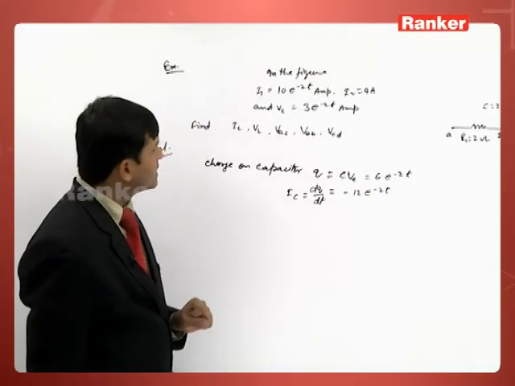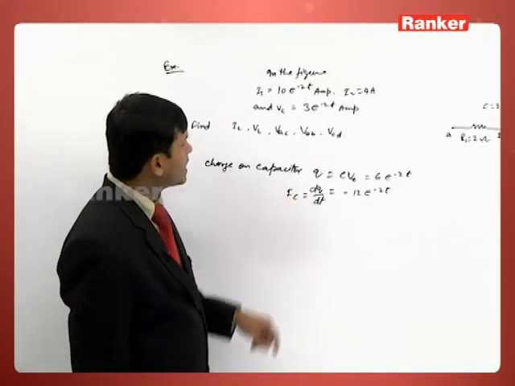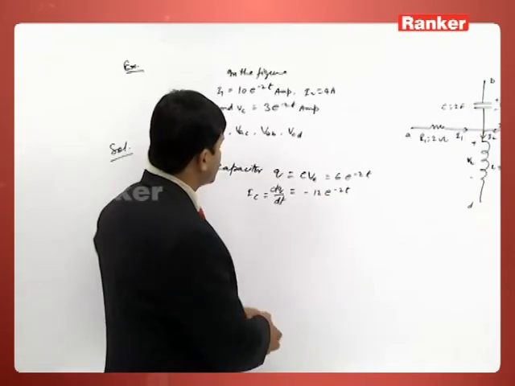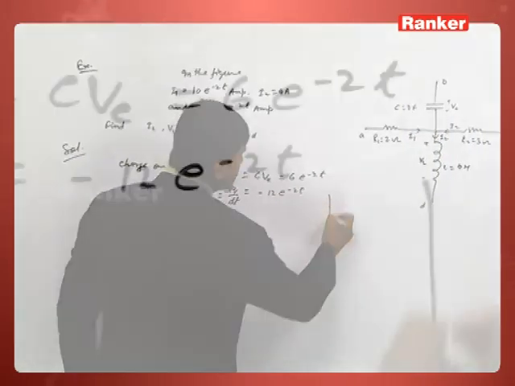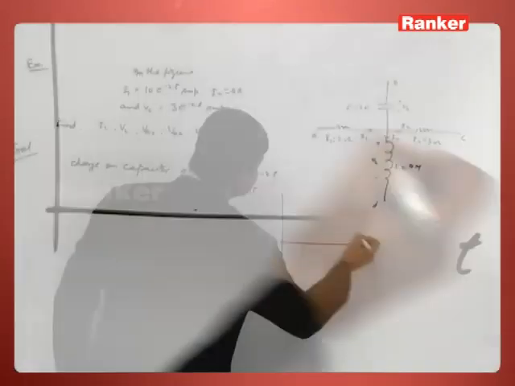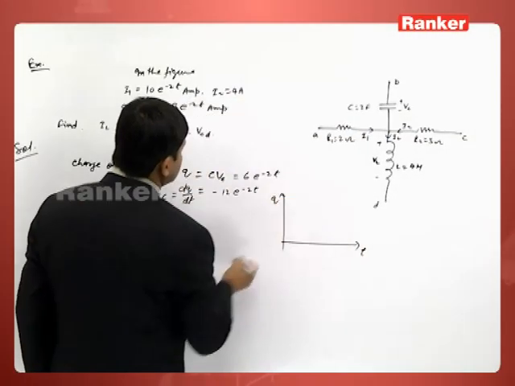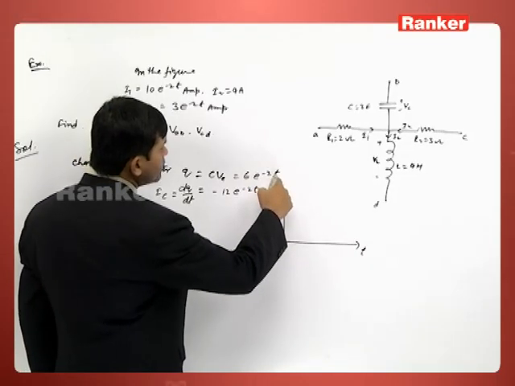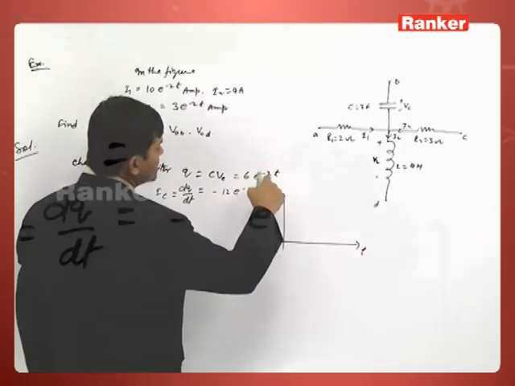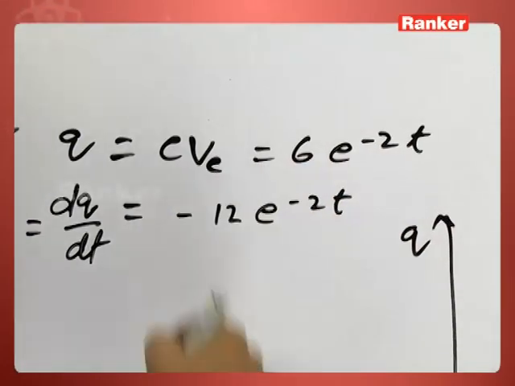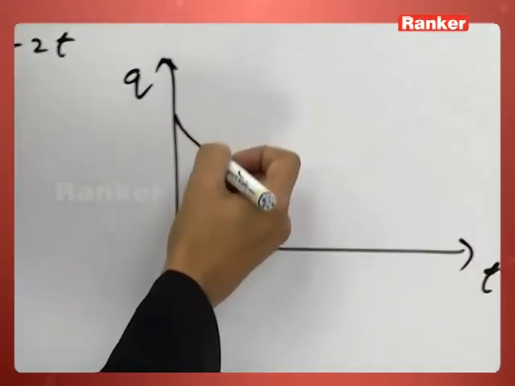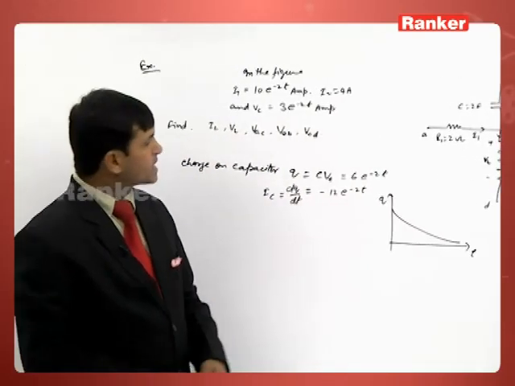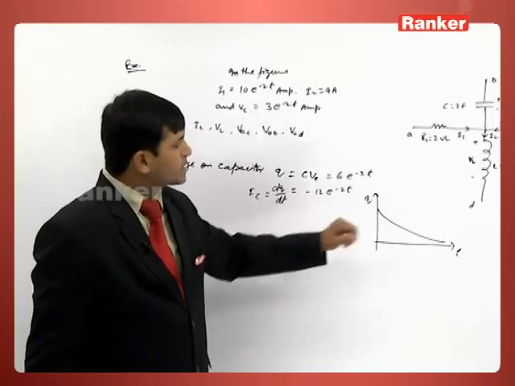That indicates the charge on the capacitor is decreasing. In the charge versus time graph, at t equals 0 the charge is 6, and at t equals infinity the charge will be 0. So that is the charge versus time graph.